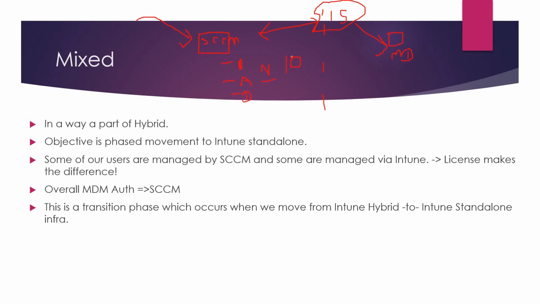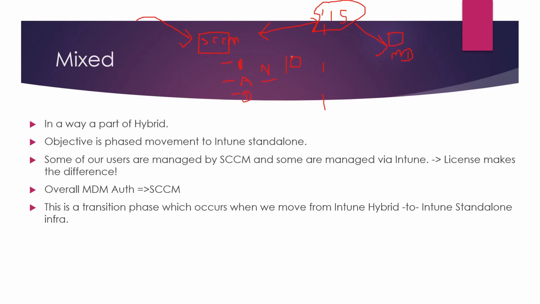Conventionally, we had the hybrid setup wherein everything was managed from a single pane of glass. Now the user wanted to move to Intune standalone for managing mobile devices, because that's the way forward. So out of the 1,000 users in his environment, he decided to move 100 users first to Intune.